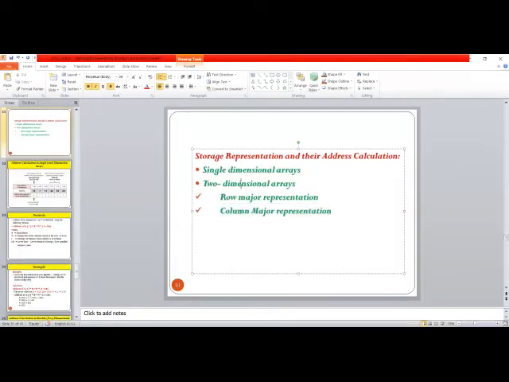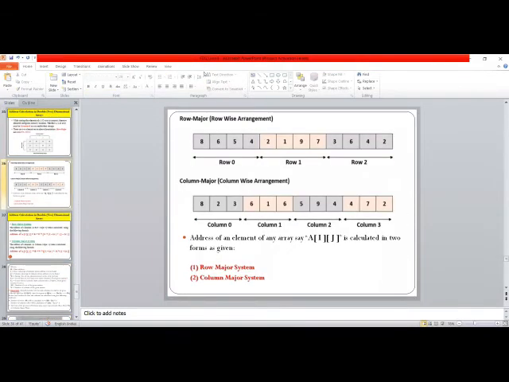Two-dimensional arrays are represented by using two methods: row major and column major. This first arrangement that you are seeing on the screen is a row major arrangement. Row major means row wise arrangement and column major means column wise arrangement.